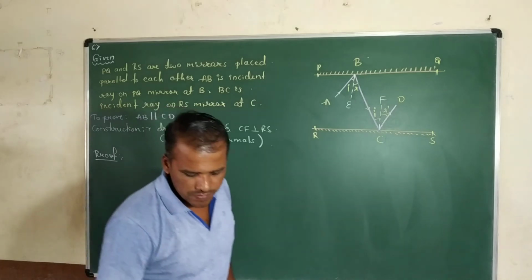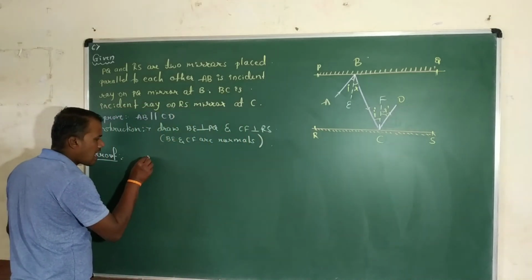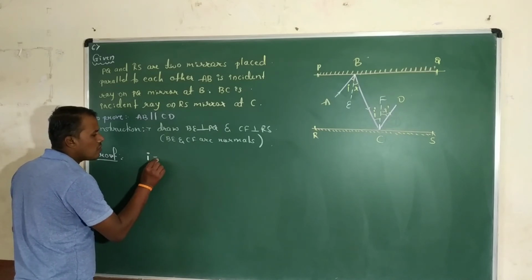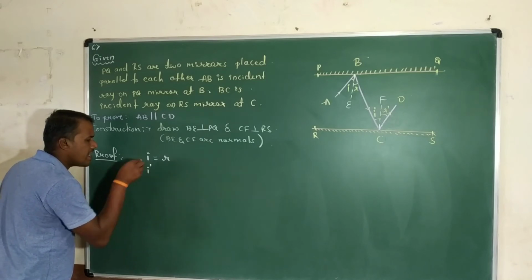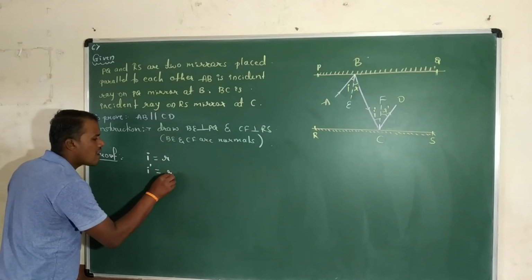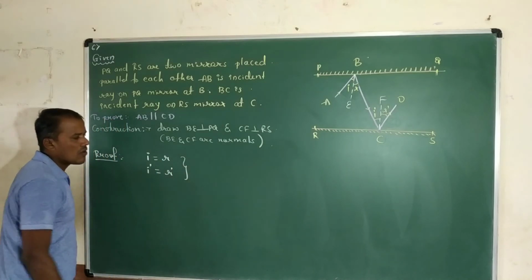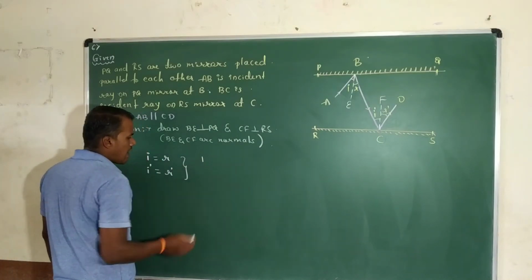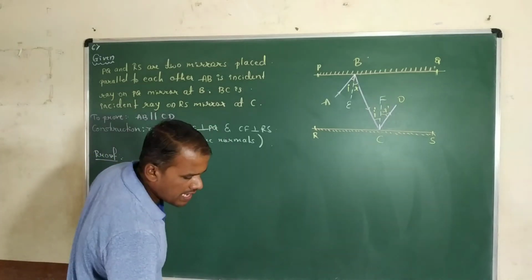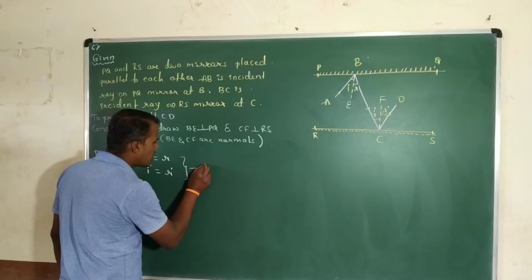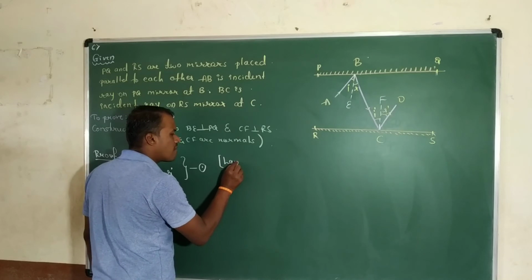Now first take this condition: angle I is equal to angle R, and angle I dash is equal to angle R dash. This is equation 1, and the reason is the laws of reflection.